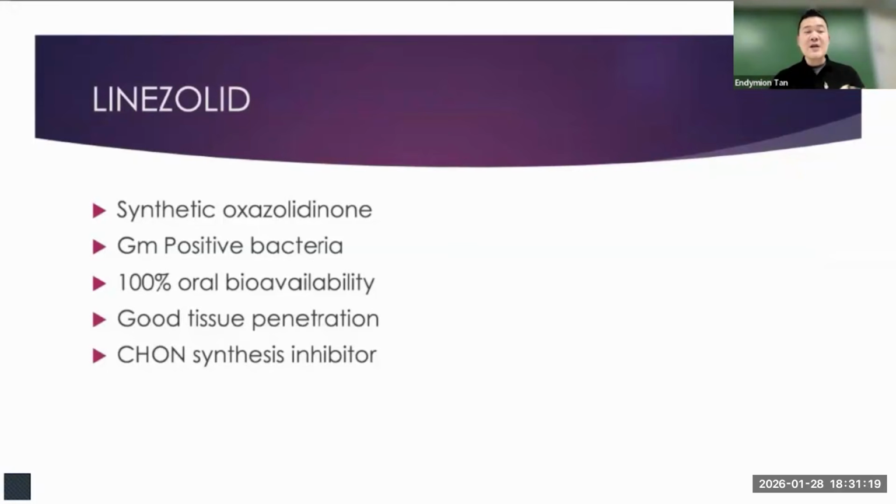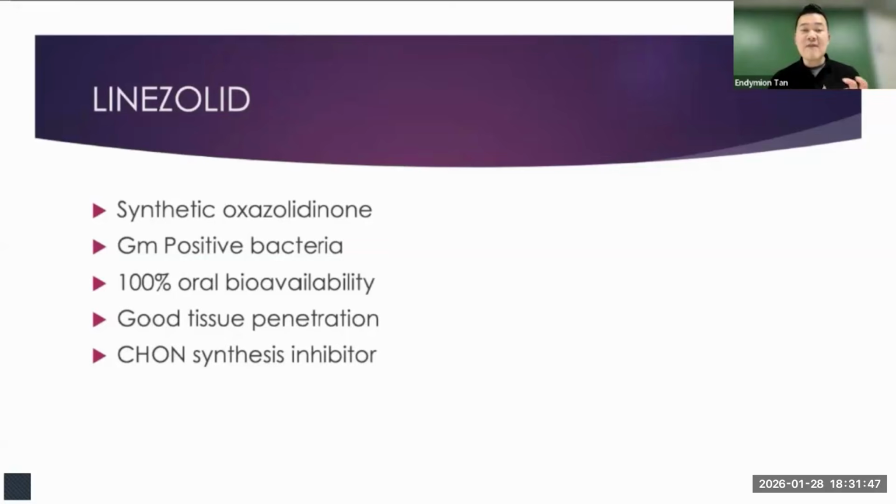practice, of course. This is a synthetic oxazolidinone, which has a very good gram-positive coverage for your staph infection, your MRSA methicillin-resistant Staph aureus, or for your enterococci. They would have very good activity against Enterococcus faecalis and faecium, because some of these bacteria will have VRE, or what we call the vancomycin-resistant enterococci.